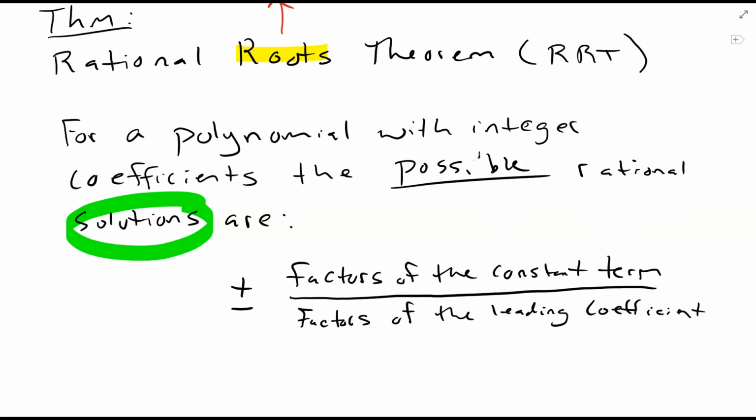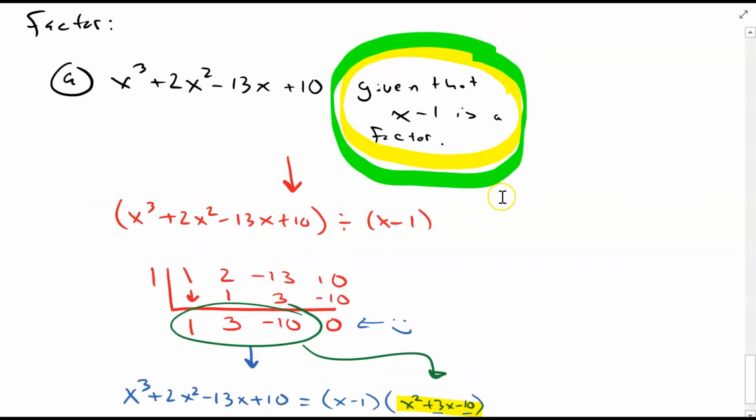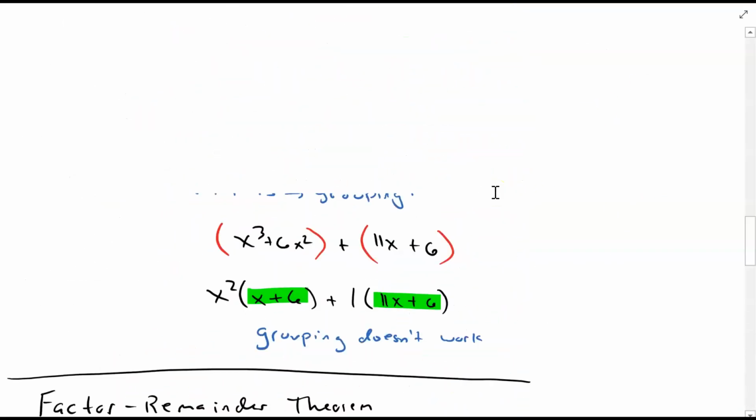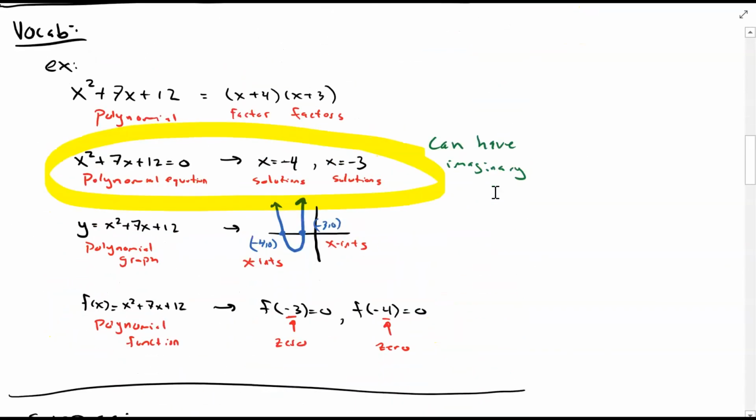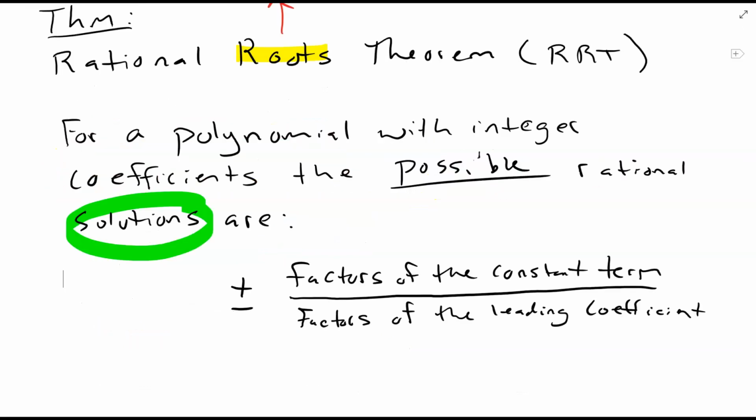So just to kind of remind you, we said yesterday that if I know the factors of a polynomial, I can get the solutions and vice versa, right? So the fact that this is talking about solutions is still applicable if we're trying to factor something. That's the same information, or gives us basically the same information. Okay?